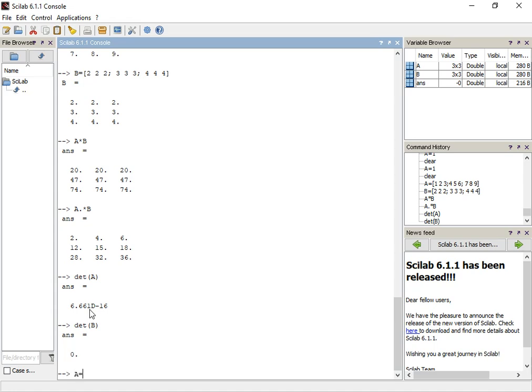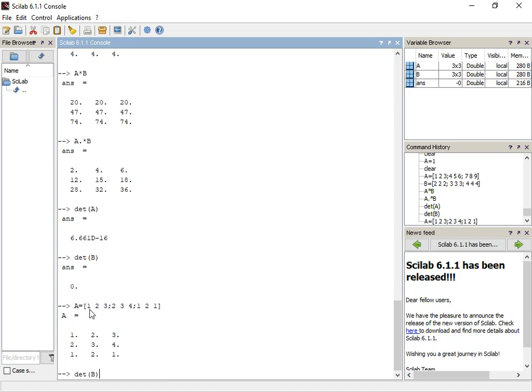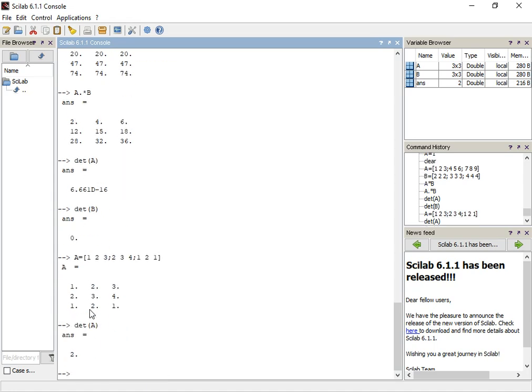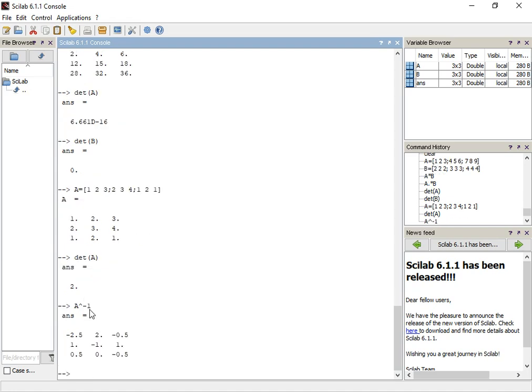So let me write A as 1, 2, 3, 2, 3, 4, 1, 2, 1. Let's check what is the determinant of A. And it is 2. So it is invertible. You know that. So you know one command to find the inverse is A power minus 1.